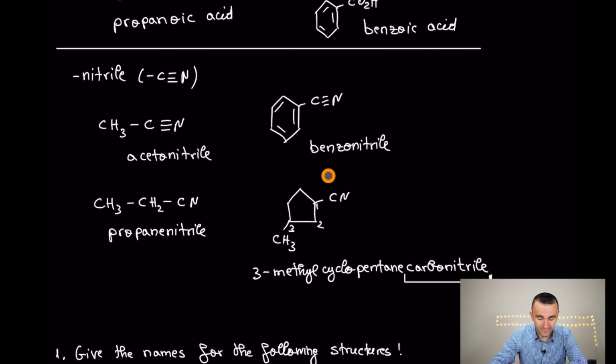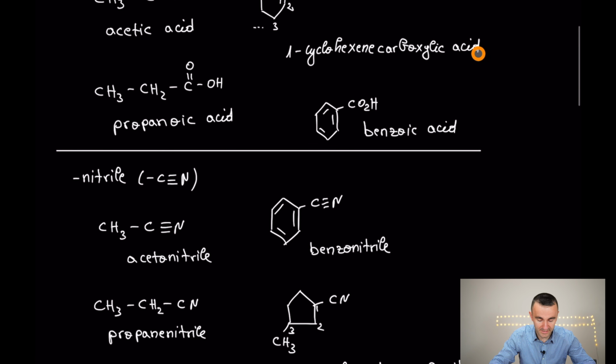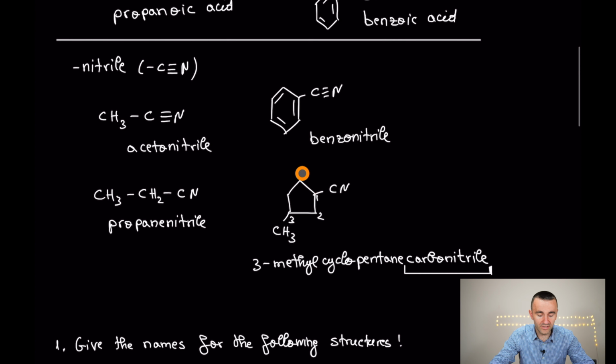In case you have the nitrile group on a ring, the numbering starts from the carbon directly connected to the nitrile group, not the carbon that forms the nitrile group. So in this case, 3-methylcyclopentane carbonitrile. Okay, carbonitrile. For the carboxylic acids, carboxylic acid. For the nitrile attached to a ring, carbonitrile.